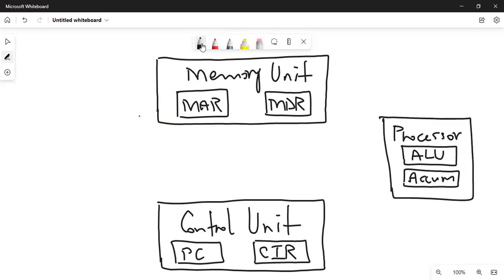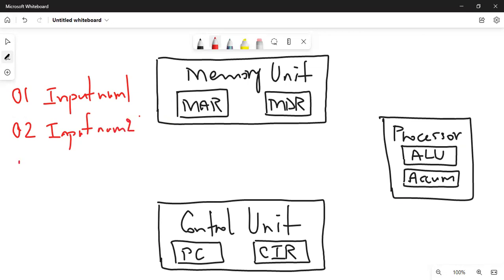Okay, moving forward. Just to give you an example, I'm going to consider a simple computer program. Let's say the first instruction is input num1, the second instruction is input num2, the third instruction is sum equals num1 plus num2, and the fourth instruction is output sum.